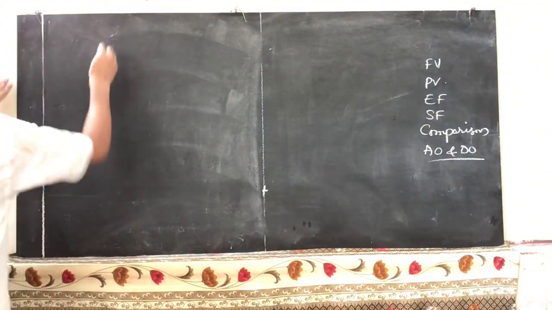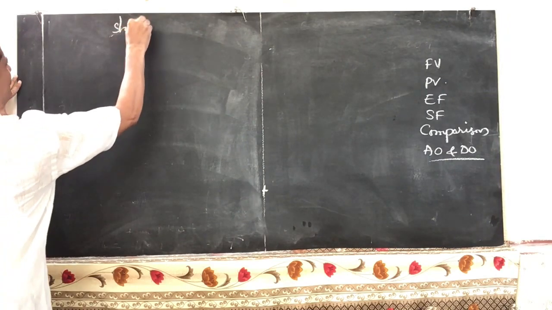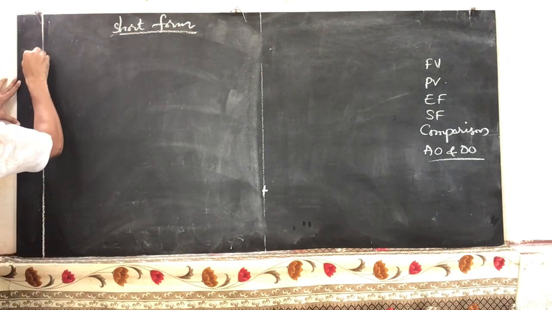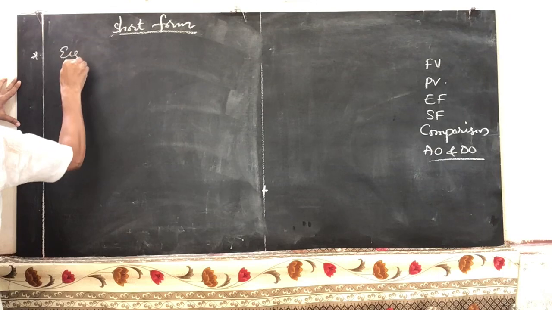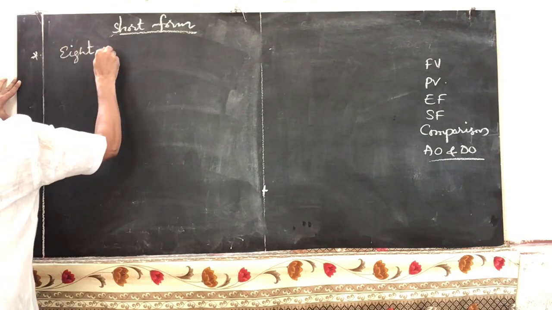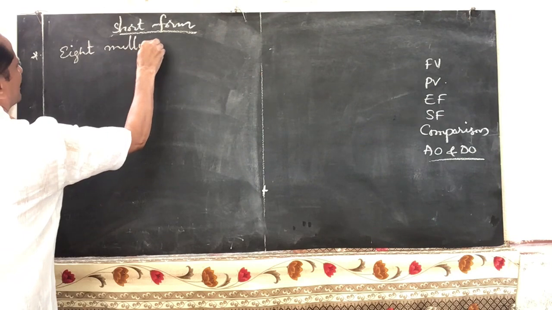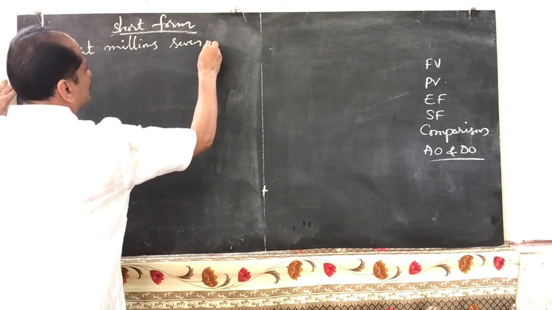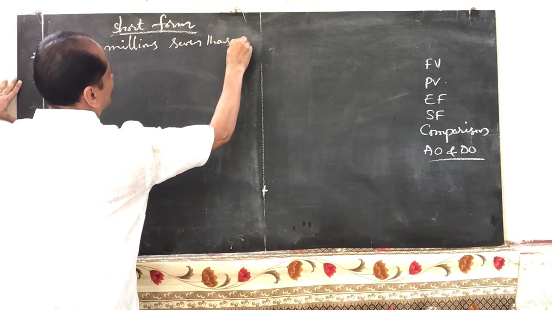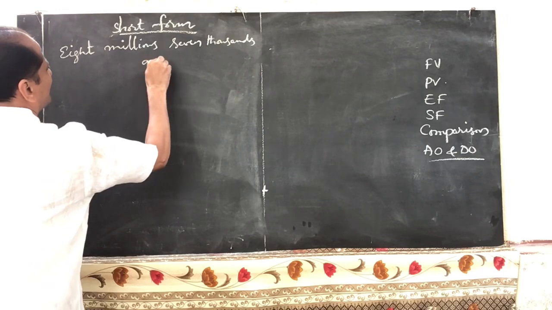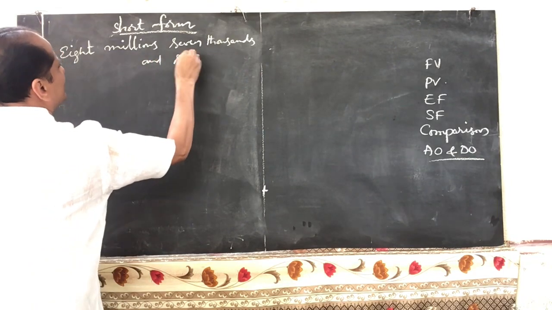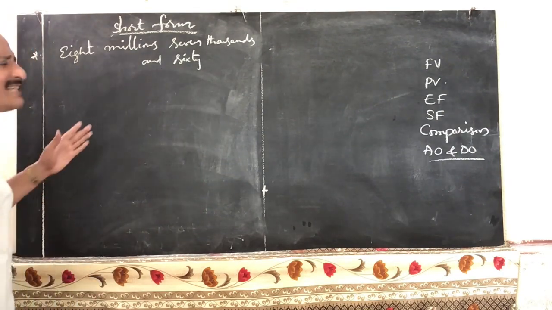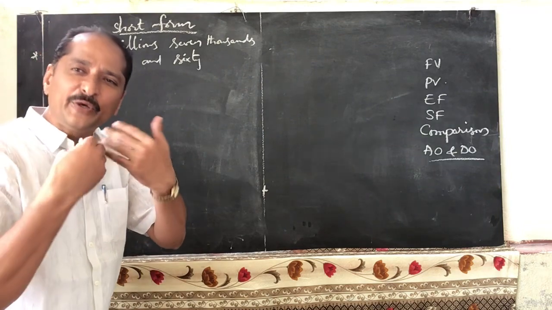So, 8 million, 7,000 and 60. This is one of the forms to write the short form, and that is nothing but writing a numeral.